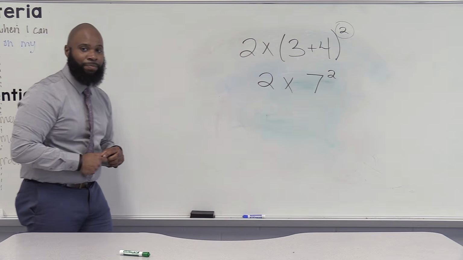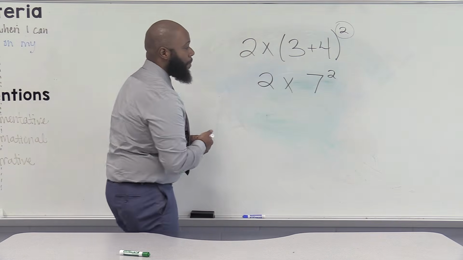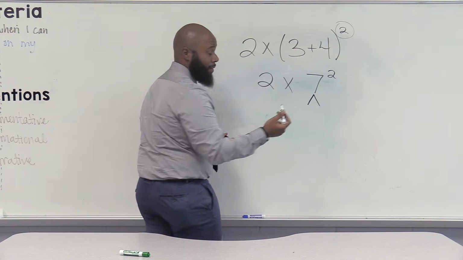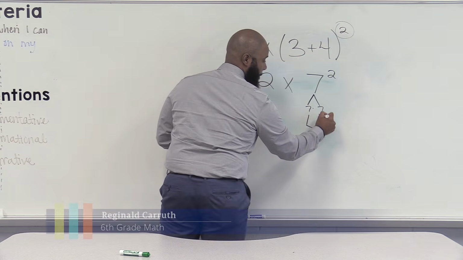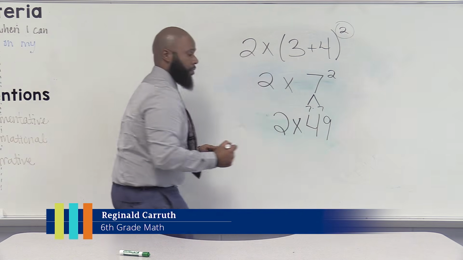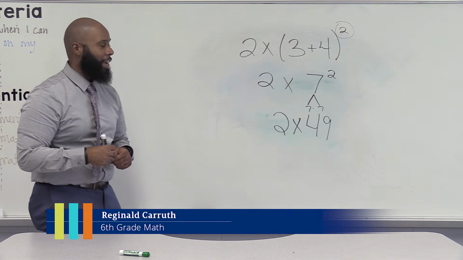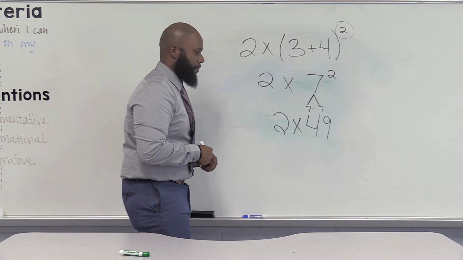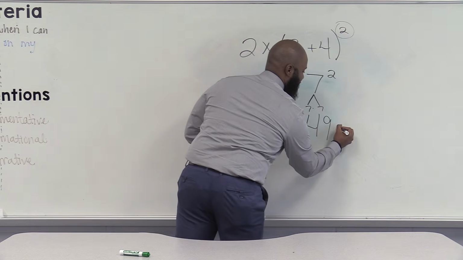Now what I'll do, I'm going to square 7, which is 7 times 7, which is going to give me 49. Bring down my times 2. So now my problem is 2 times 49, which is going to equal, go ahead and finish solving that for me. 2 times 49 is going to give me 98 as an answer.